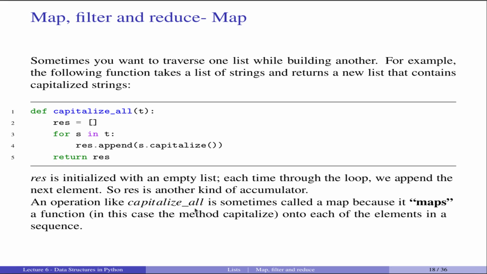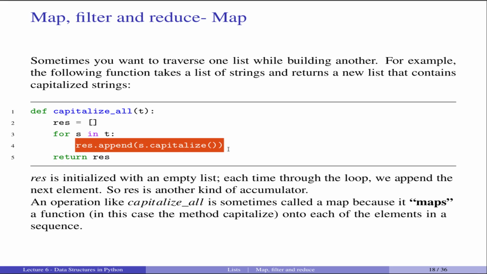Okay, so for example, the following function takes a list of strings and returns a new list that contains capitalized strings. একটু খেয়াল করে দেখেন এখানে, সেটা হচ্ছে আমরা এখানে একটা নতুন লিস্ট ডিক্লেয়ার করছি which is res. মজার বিষয়, this is an empty list. এবং খেয়াল করে দেখেন আমরা একটা মজার কাজ করছি, for s in t: res.append(s.capitalize()), return res.